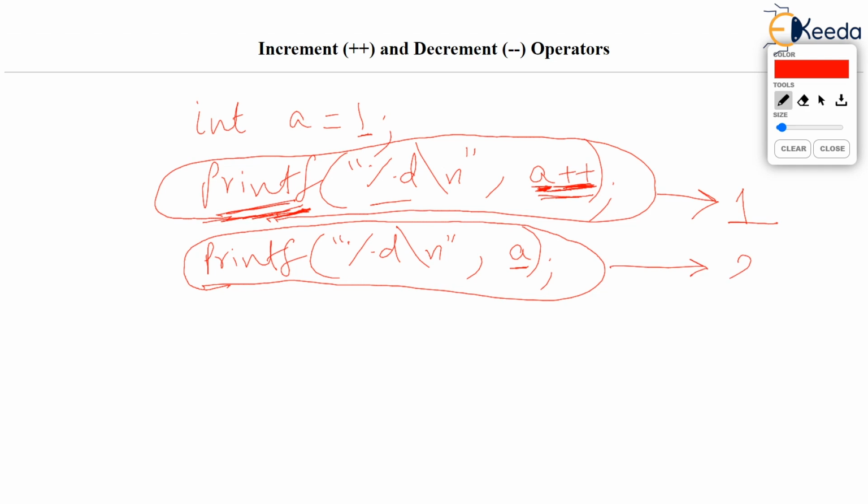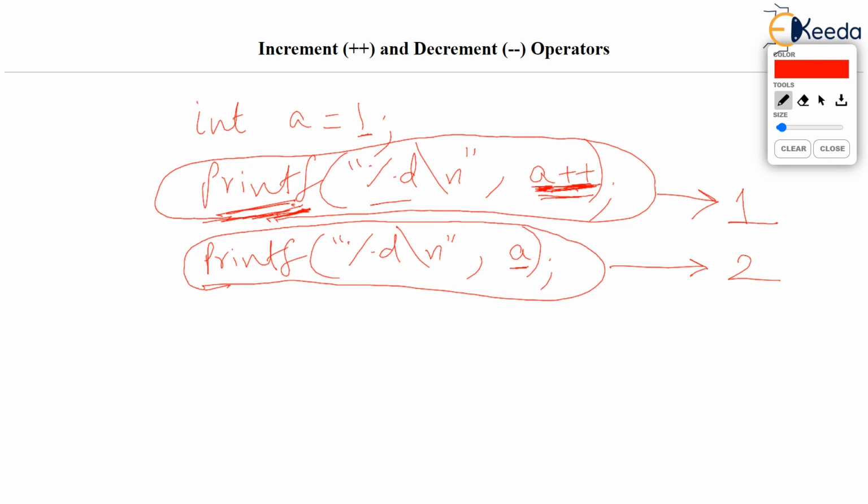If you ask printf to print the value of variable followed by plus plus, that is post increment operator, then printf will print the value of the variable, and after printing the value of the variable, plus plus will be fixed. That means variable will be increased by 1 after printing old value of the variable.